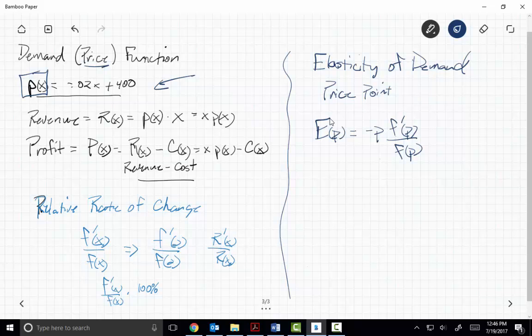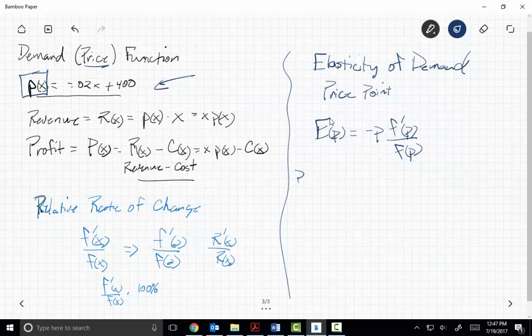I know that p of x, this is the price as a function of the number of items made, gives me negative 0.02x plus 400. However, this is E of P, so I'm going to have to take the inverse of this. Let's do that right now, because this says I need to plug p's in.